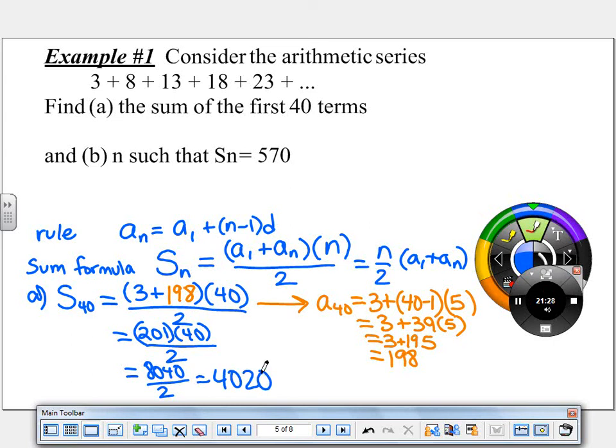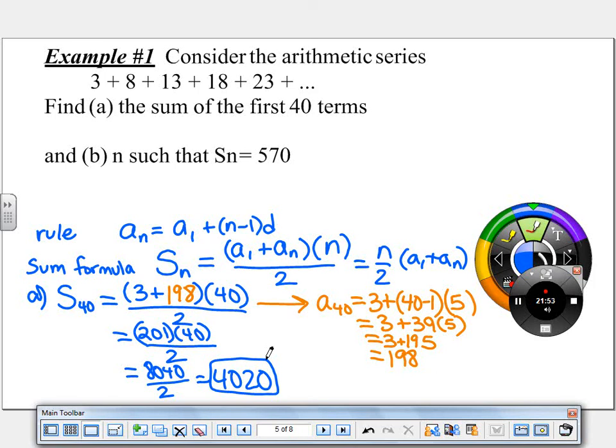Okay. So the sum of the first 40 terms is going to be 4,020. Yes. Yeah, that's fine. Okay, she's saying right here, could I divide 40 by 2? Because of how multiplication and division work, that would be fine, and then just do 20 times 201. That's fine. Any questions about finding the sum for that problem?